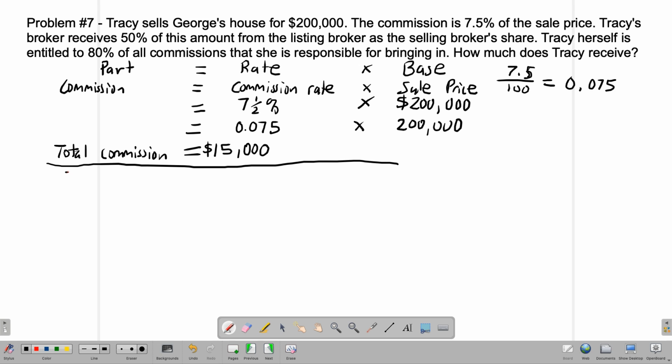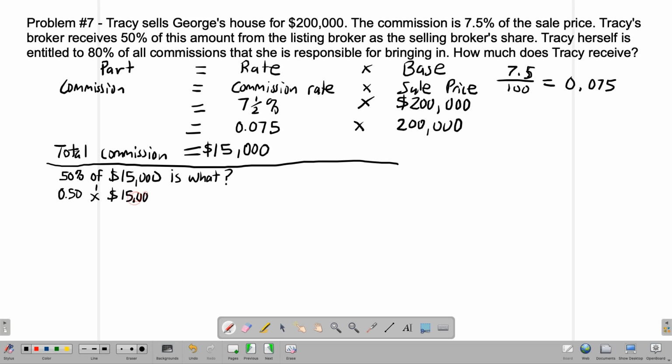You ask the question, 50% of 15,000 is what? And this comes out to be an equation. The 50% represents 0.50. The of represents multiplication. And then we have the value 15,000.